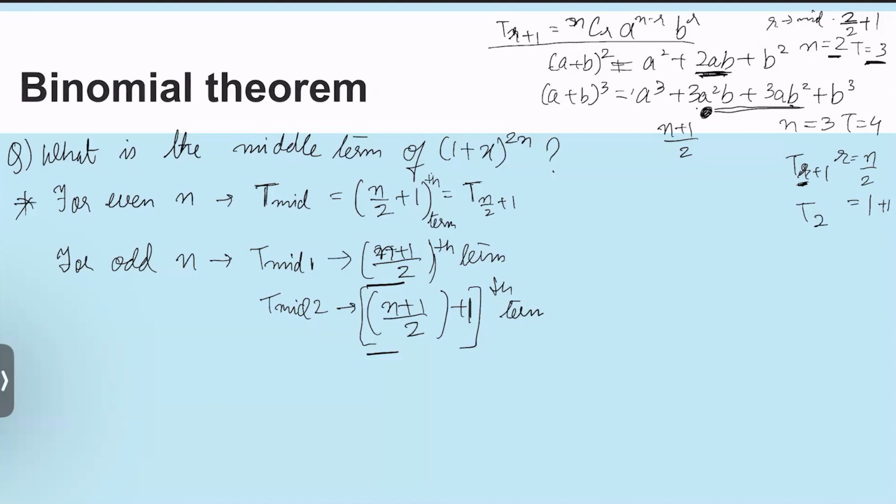So over here, we are being asked what is the middle term for (1 plus x) raised to 2n. Okay, so over here, you can see that our n is 2n. So this in any way will always be an even term. Therefore, your n by 2 plus 1 is going to be n plus 1.